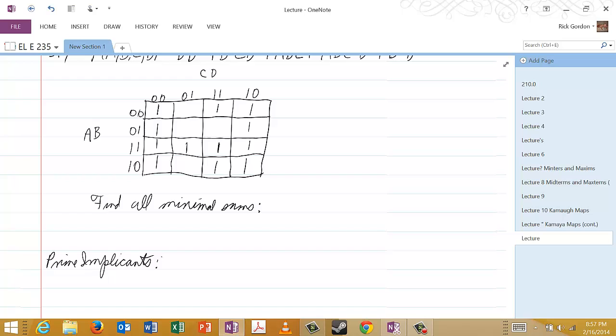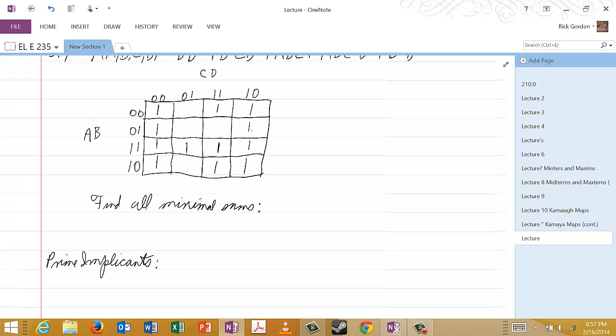Definitely the answer is no, because if you count, you'll see that we only have 12 1 cells in this problem, not 16. So no rectangular groupings of 16 1 cells.